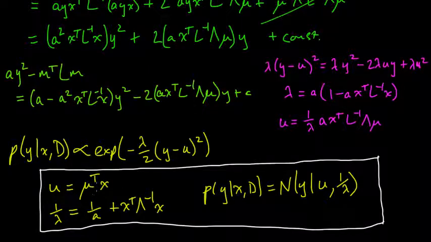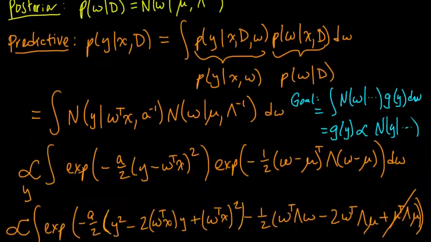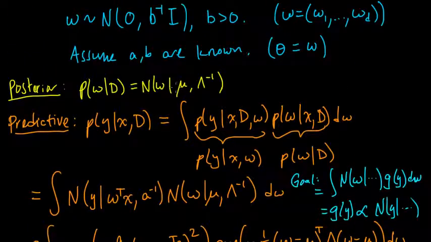And this has a nice natural interpretation because mu, if you remember, was the posterior mean. Maybe we should go back up to remind ourselves. Way back up, mu was the posterior mean for w. That was this vector. It was actually the maximum a posteriori, we saw that in an earlier video.